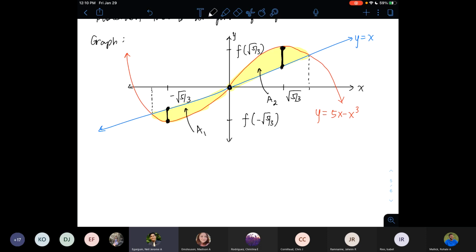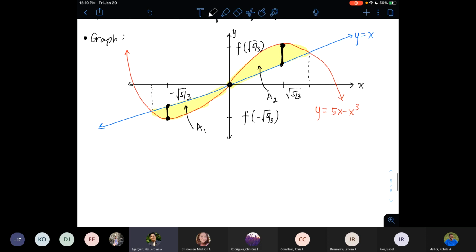So we need to look for the points of intersection of the two graphs to find those important points. Actually, we need 3 points. Those 3 points of intersection tell us the starting point for the region, the ending point for the region, and this crucial point where the top and the bottom function changes, right?